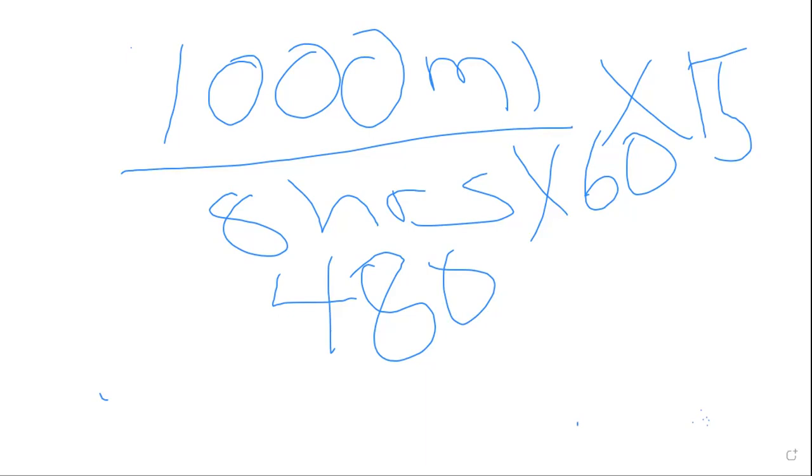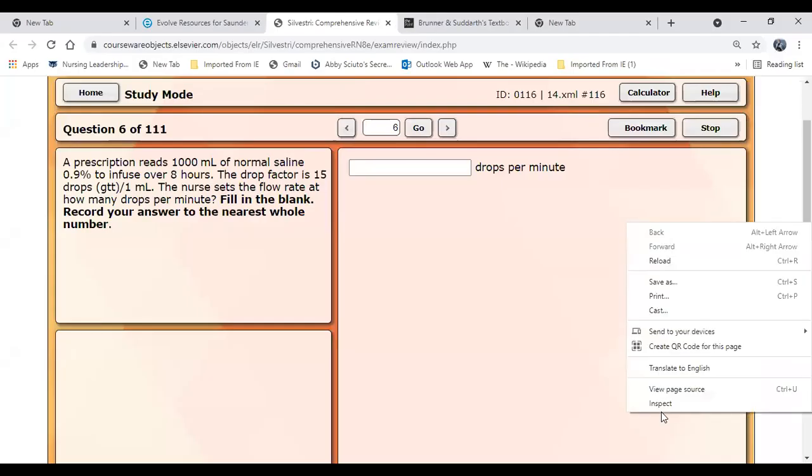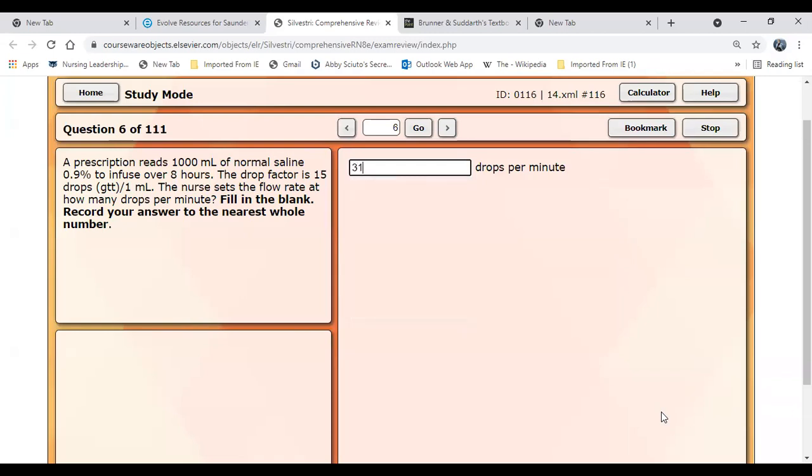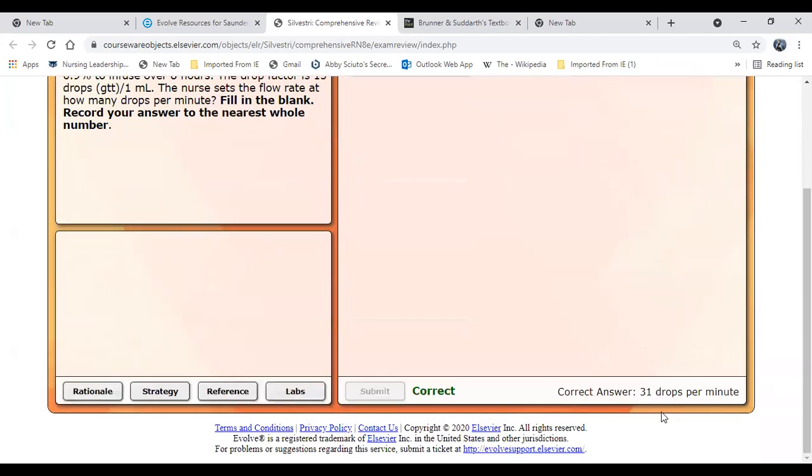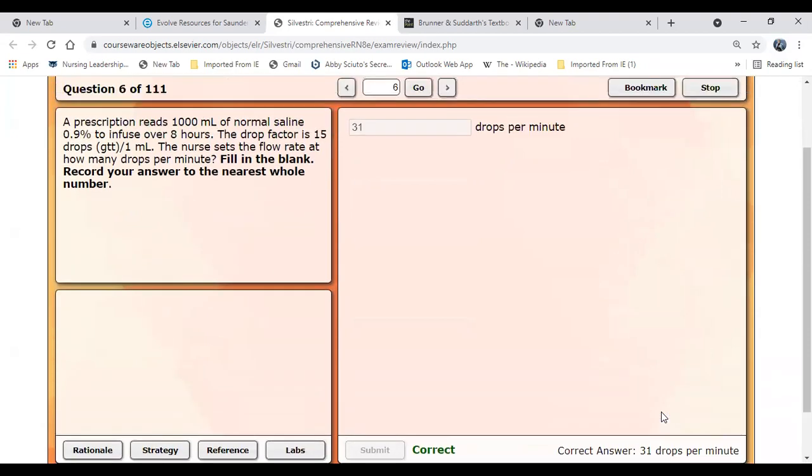And you should have got 31 drops. Actually you would get 31.25, but because it's a drop, we give it in whole numbers. 31.2 is what we go by. Since the 2 is less than 5, it goes to 31 drops per minute when we're rounding to the nearest 10. So we will type in 31 here. And that's your answer, 31 drops per minute.